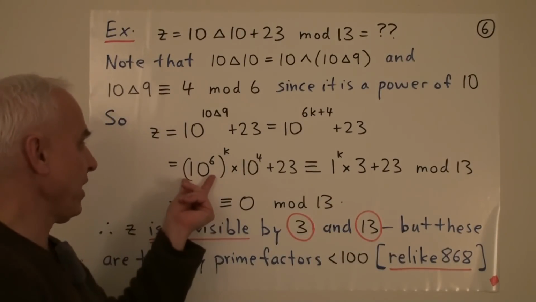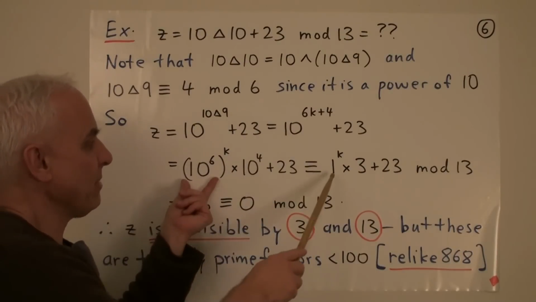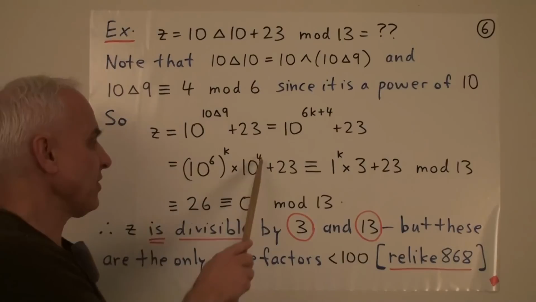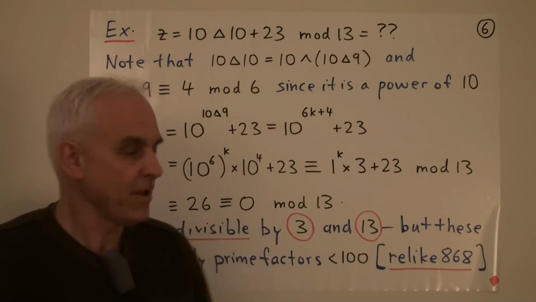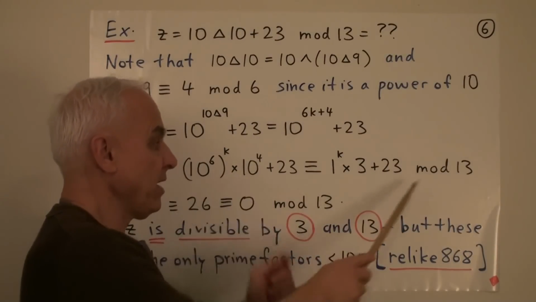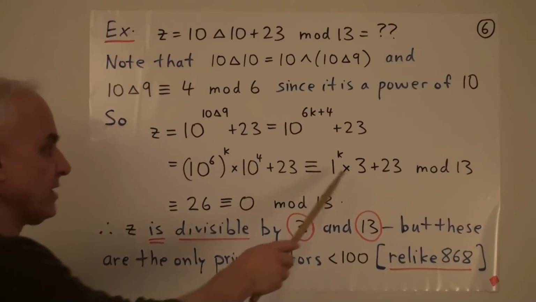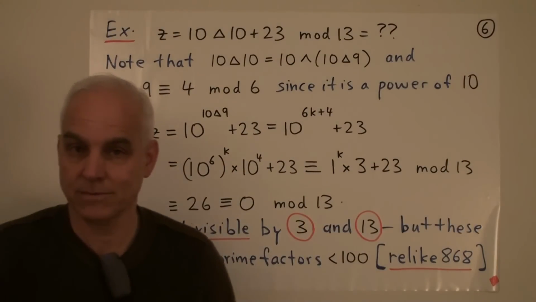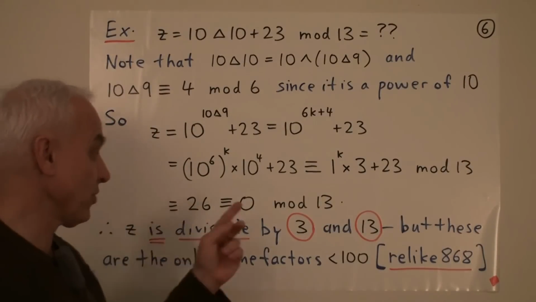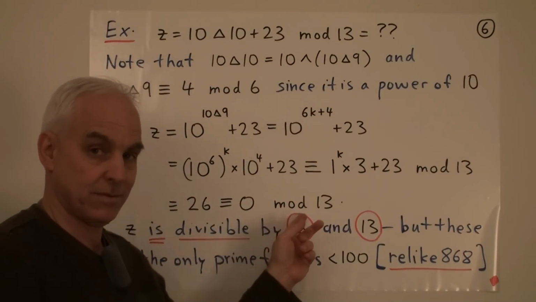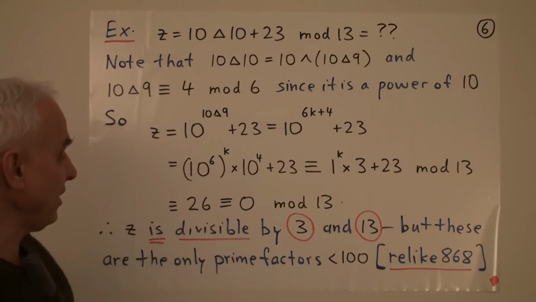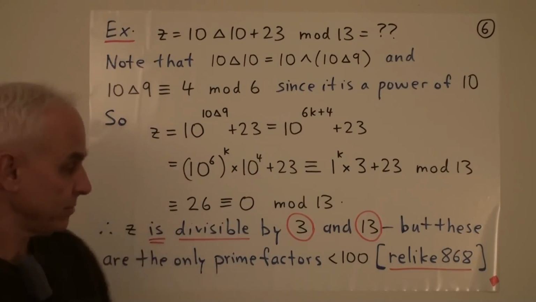So this whole thing here becomes just 1 to the k, a huge simplification. 10 to the 4 is congruent to 3, so we end up getting 1 times 3 plus 23 mod 13, and that's 3 plus 23, which is 26. And 26 happens to be 2 times 13, so that's actually congruent to 0 mod 13. It means that the remainder, when you divide z by 13, is 0.